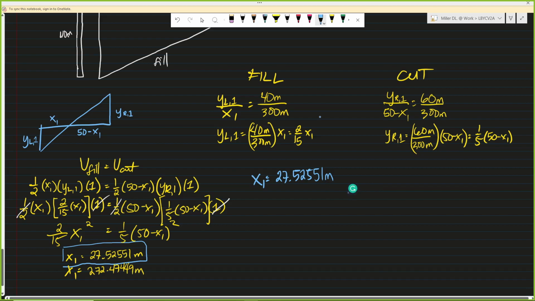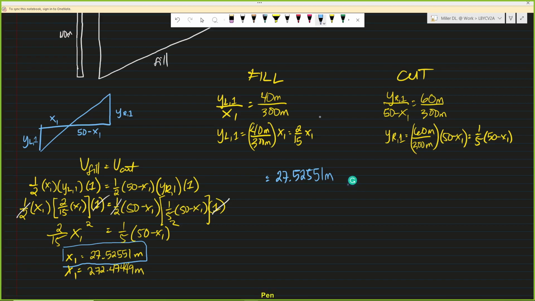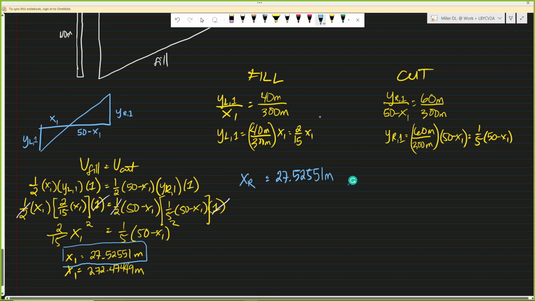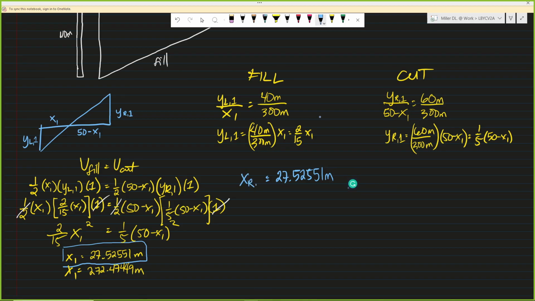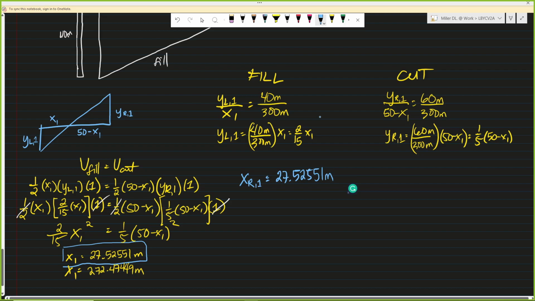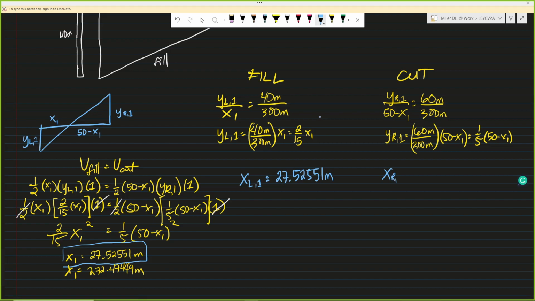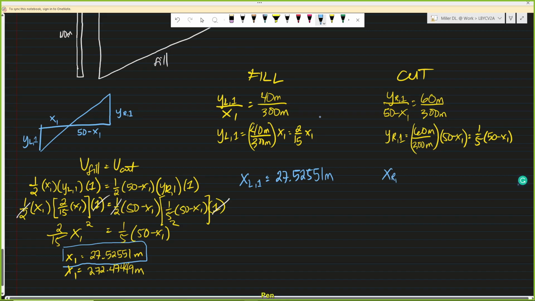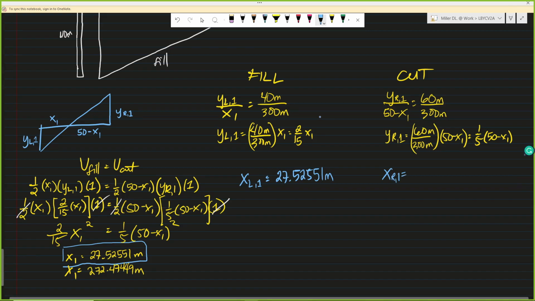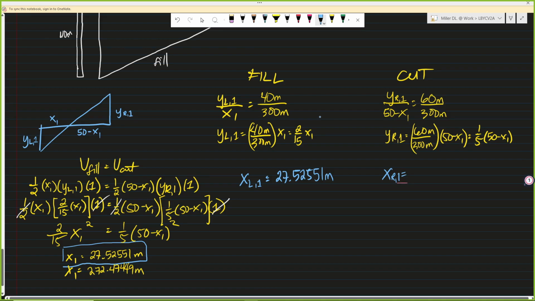And, so basically, itong x sub 1 na to is si x sub L1, which is equal to x sub 1. Then, si x sub R1, which is basically equal kay 50 minus x sub 1.